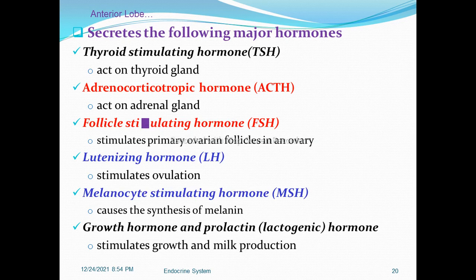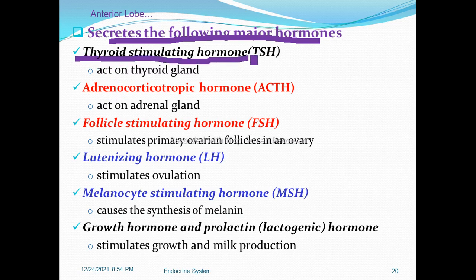So the anterior lobe of the pituitary gland secretes the following major hormones. The first one is thyroid stimulating hormone, which acts on the thyroid gland and is secreted by the anterior pituitary gland.